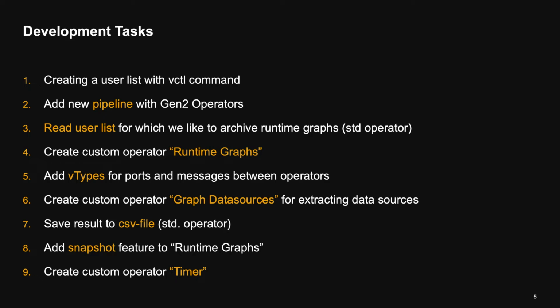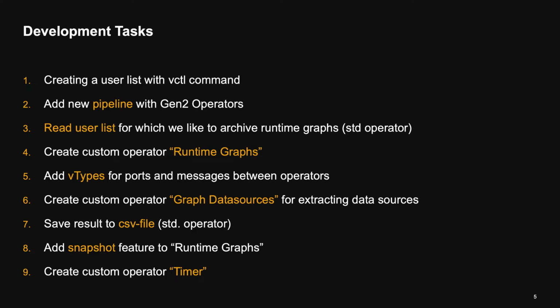Finally, we use a second standard operator for saving the result to a CSV file. Because we like to run the pipeline with resilience, we add a snapshot feature to the runtime graphs operator. And finally, we create the simple third custom operator, timer, that enables us to run the pipeline permanently and triggers the pipeline execution on a chosen period.